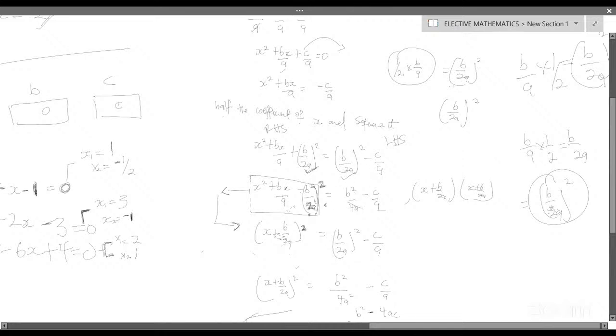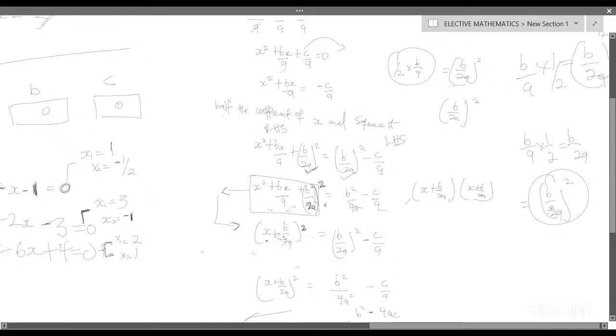But at this point, we have x squared plus bx over a plus b over 2a all squared. We have to factorize this to get its condensed form. In order to do that, we will get x plus b over 2a all squared.